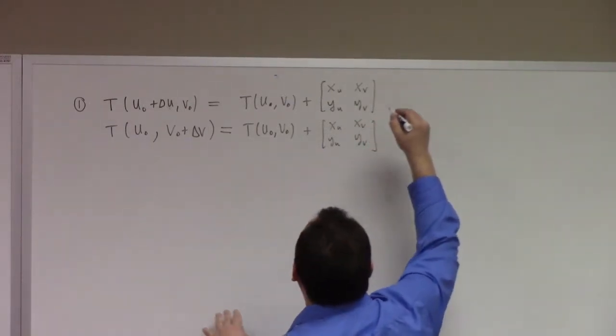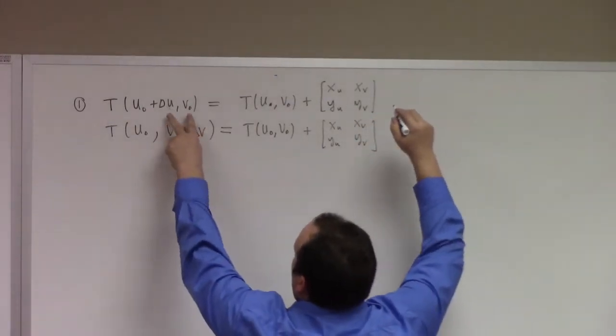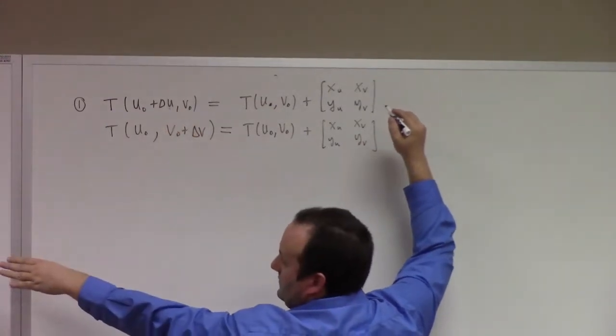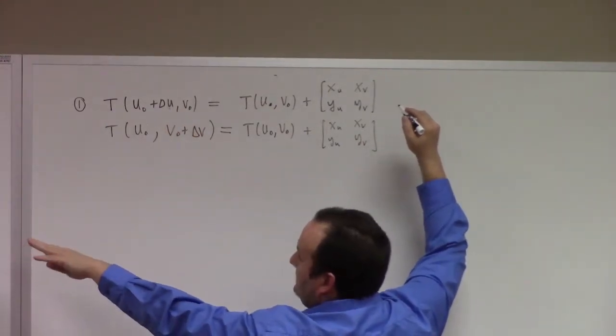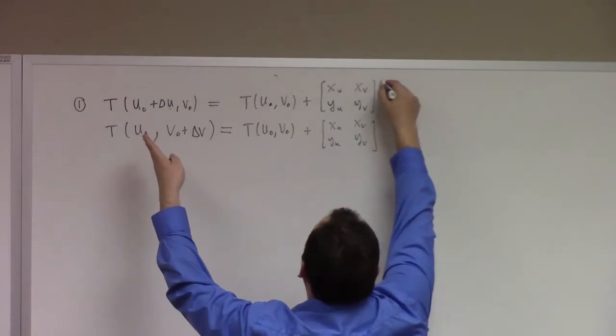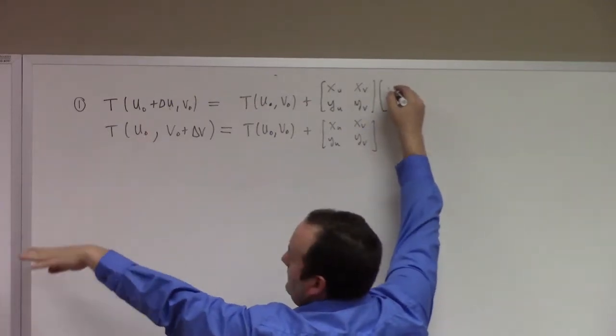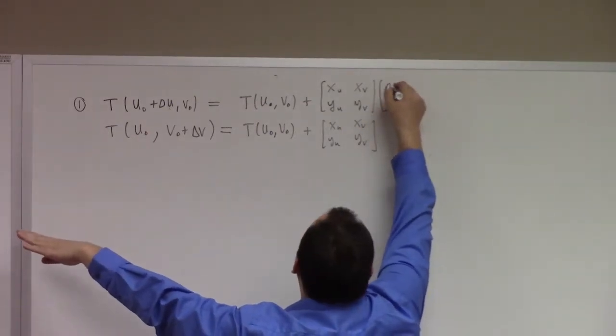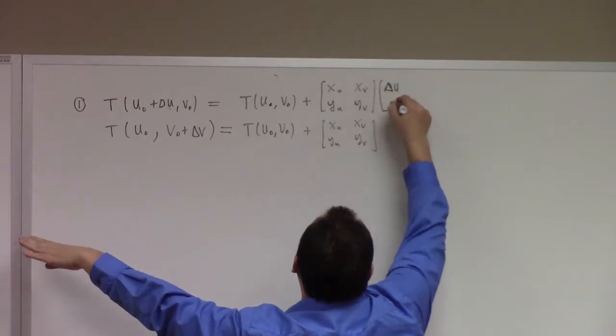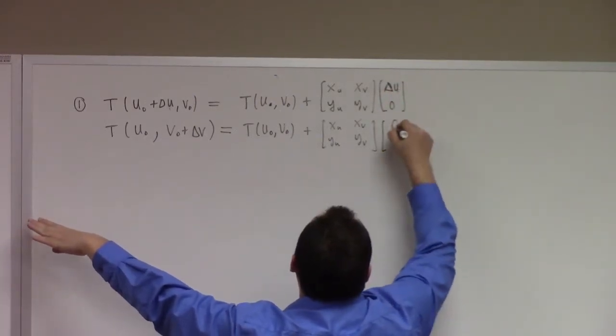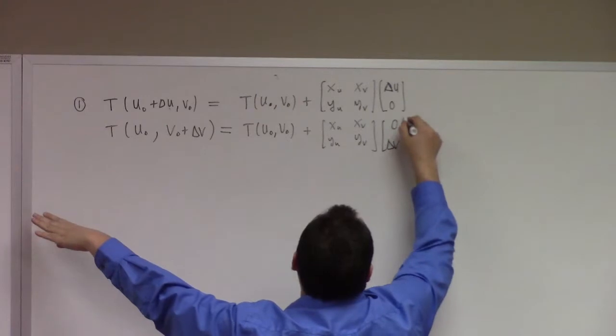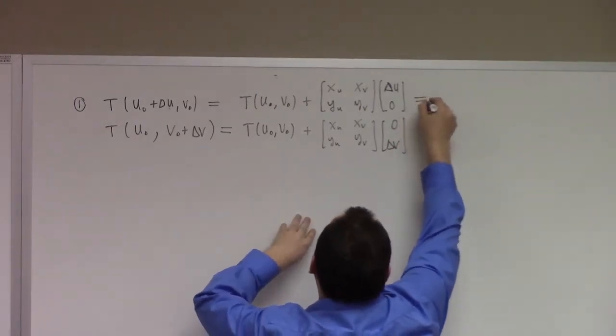And basically the formula that I wrote for delta u, delta v. In this first case, delta v is 0, so we really just have delta u and 0. On the second one, I have 0 and delta v. So what does this give us?